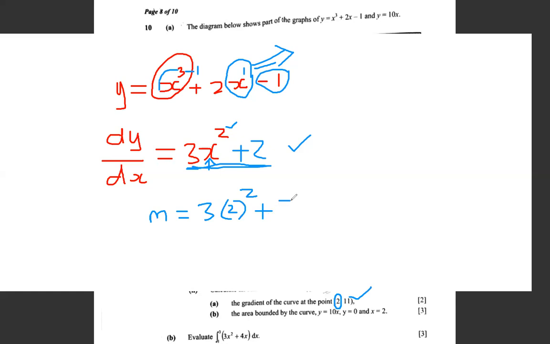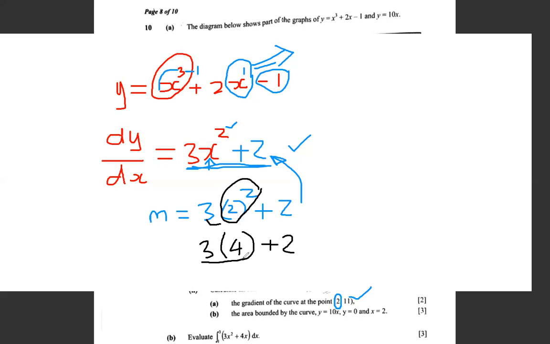Thereafter, we are coming to add a 2. This 2 is just right over here. We know that 2 is being raised to power 2, so we are saying it is 2 times 2, which gives us a 4. Now this 4 is being multiplied with a 3, which is outside the bracket. Thereafter, we add a 2.